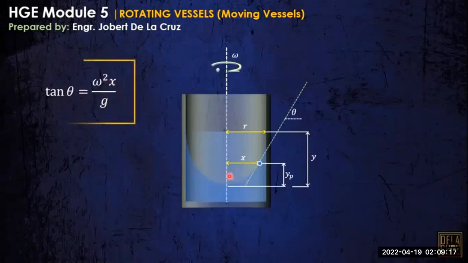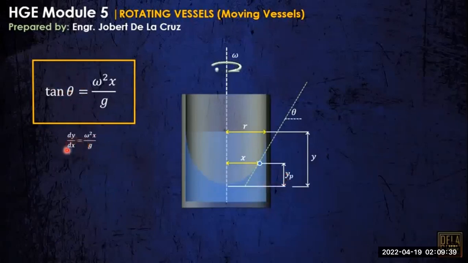Now, if we will differentiate this one, take note that tangent of theta is the slope. We can rewrite this one as dy over dx equals omega squared times x over the gravity. Slope siya, yung tangent of theta, if you remember, no?